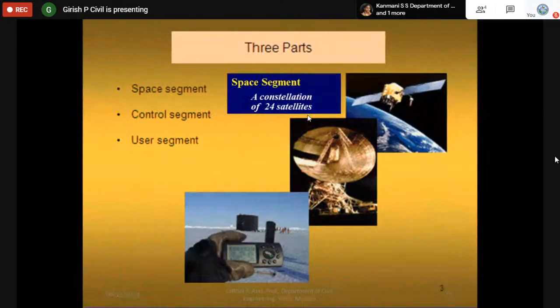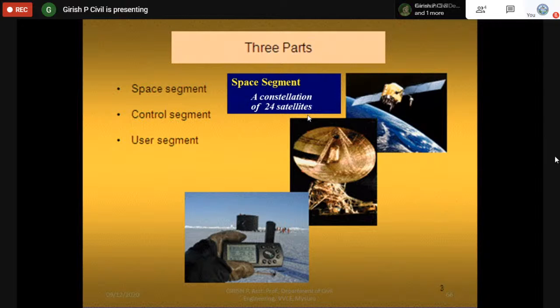Coming to GPS, there are three segments: space segment, control segment, and user segment. A simple instrument for collection of data. The space segment is a constellation of 24 satellites. The control segment is where the signals from the space segment are captured by the receivers from these antennas.